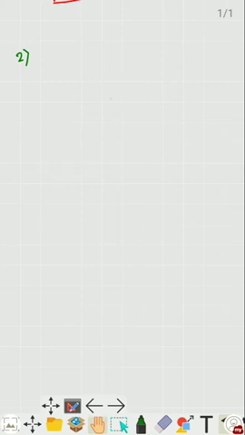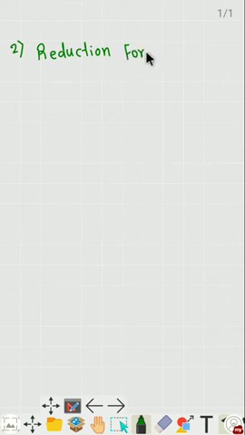That property is called the reduction formula for gamma function.